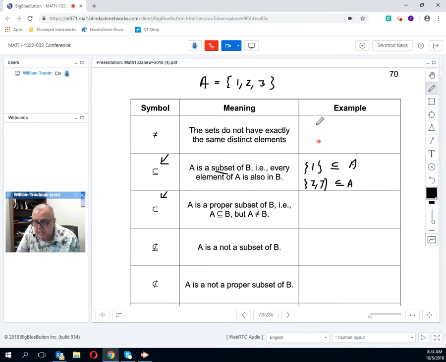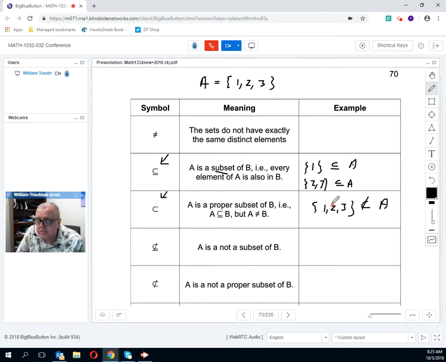Now, a proper subset is the same thing as a subset. The only thing about proper subsets, 1, 2, 3 is not a proper subset of A.